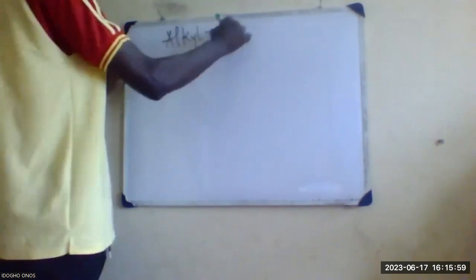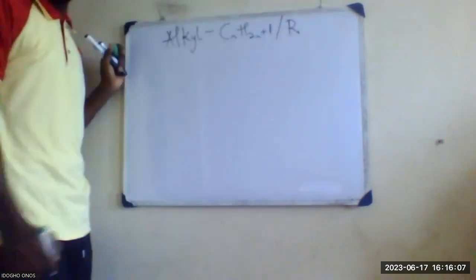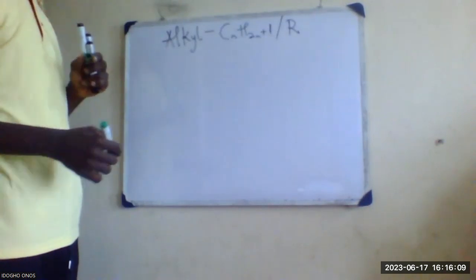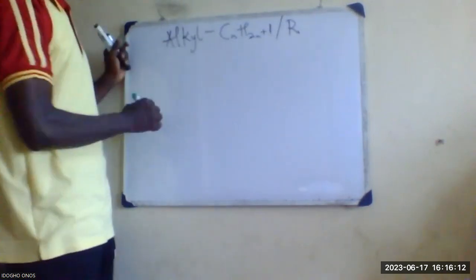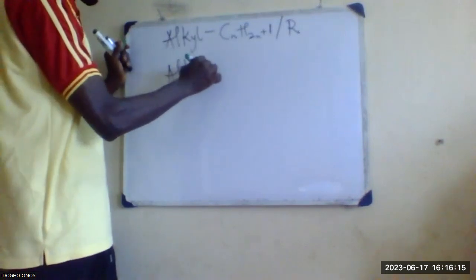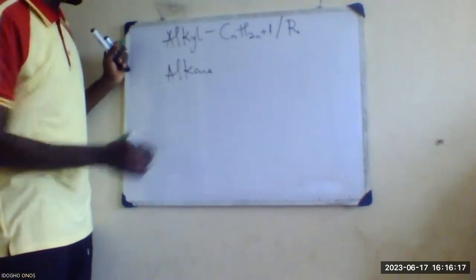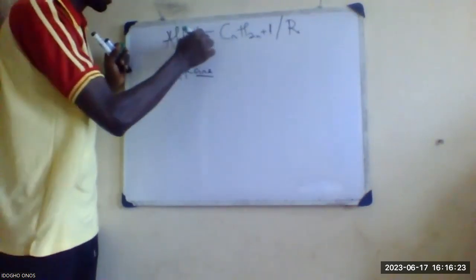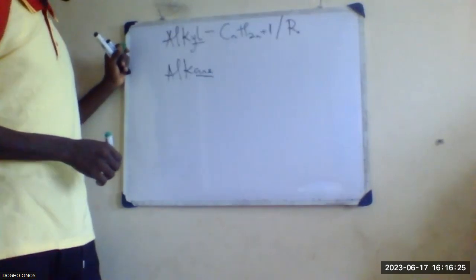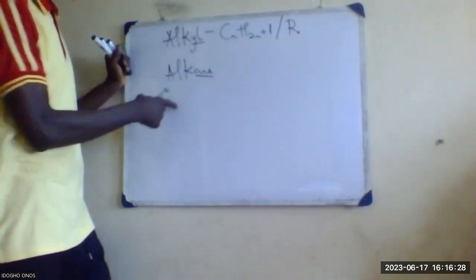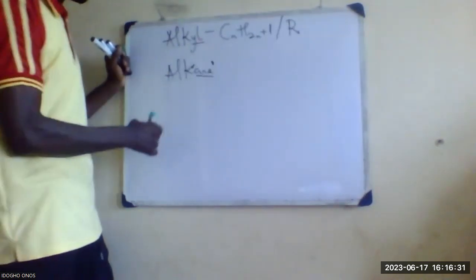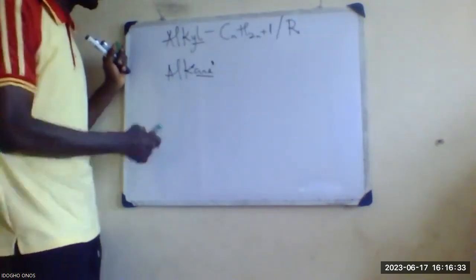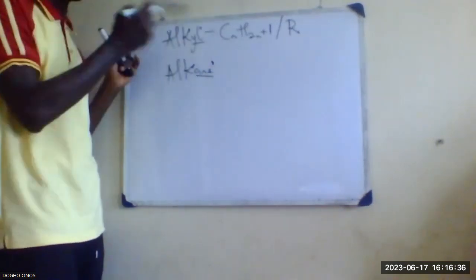Alkyls have CnH2n+1 as their general molecular formula, or we can simply say R, capital letter R. Alkyls are named by removing the ANE ending of the parent alkane and replacing it with YL. So in case you see it in a textbook, that's what it means.